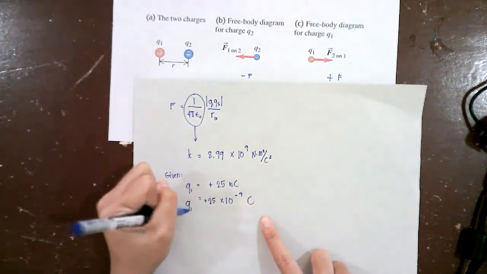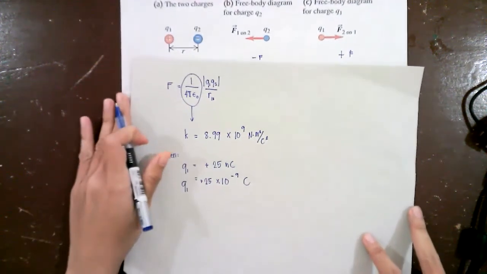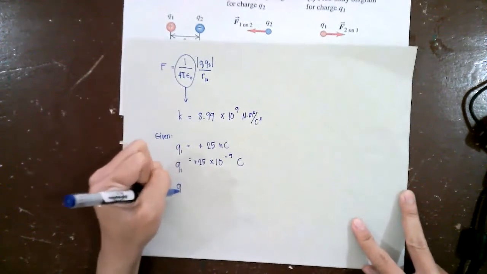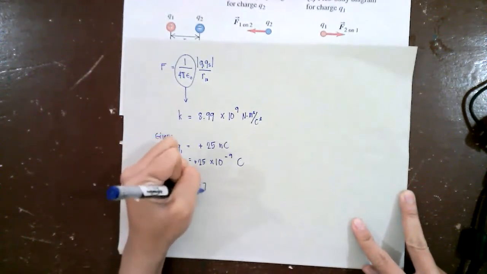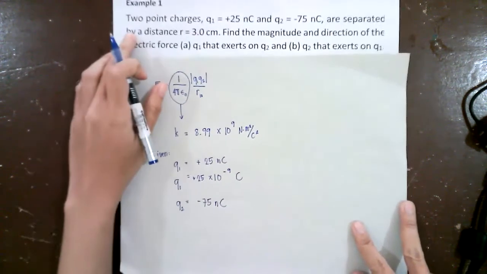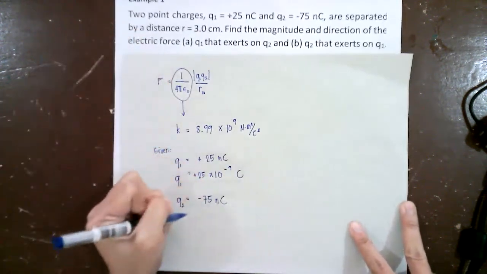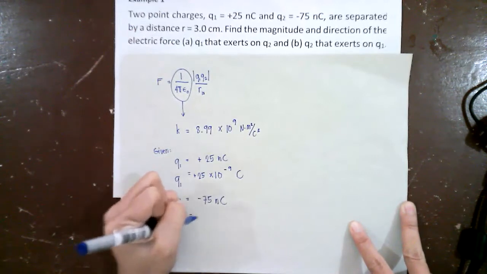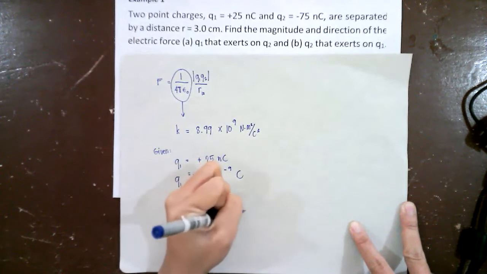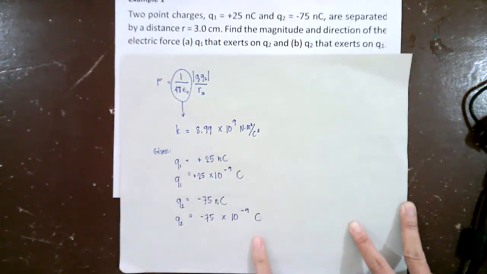So this is now your Q1. And then our Q2 is negative 75 nanocoulomb. So this is just negative 75 times 10 raised to negative 9 coulomb.